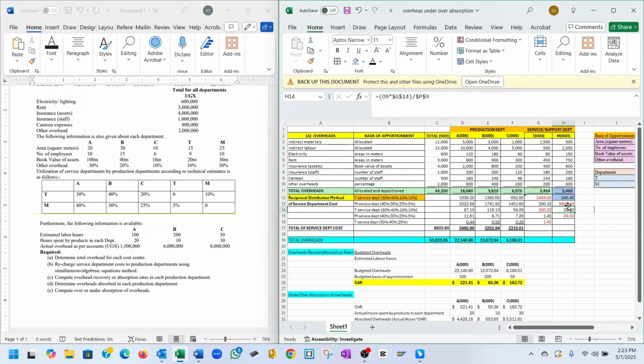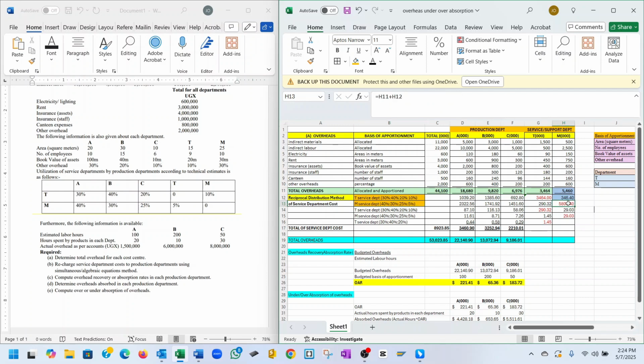So the total of these two, they will share for all A, B, C, and T. Now, when we share, each one is going to get a percentage. A is 40%, B is 30%, C is 25%, and T is 5%.